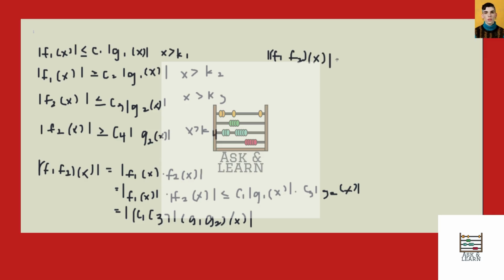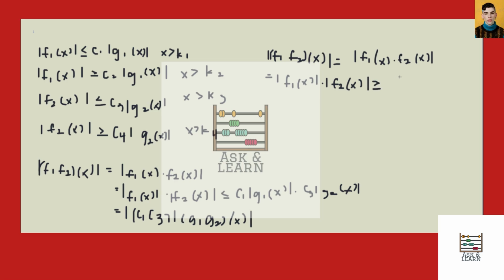And we have the absolute value of f1f2(x) is equal to the absolute value of f1(x) times f2(x), and this is equal to the absolute value of f1(x) times the absolute value of f2(x).